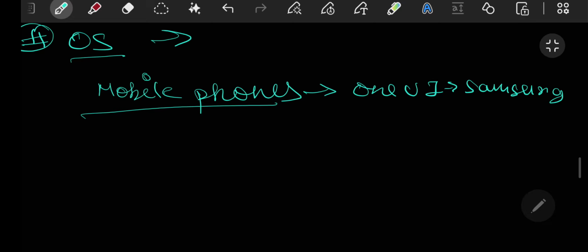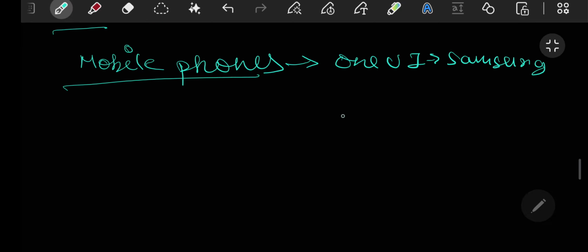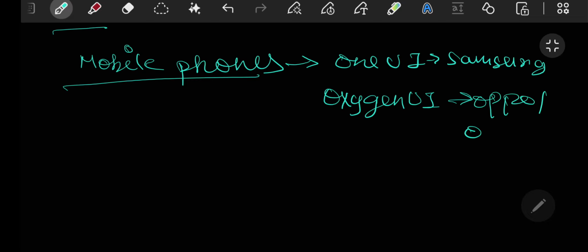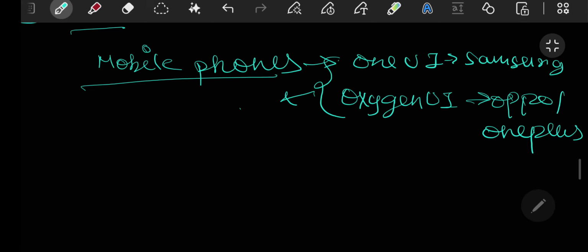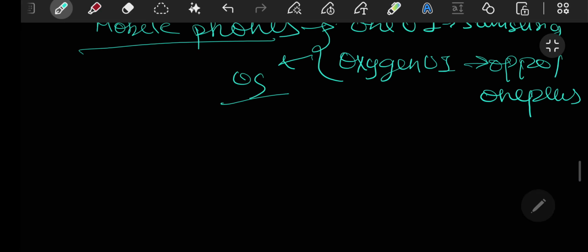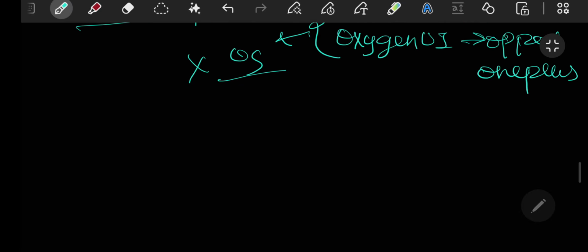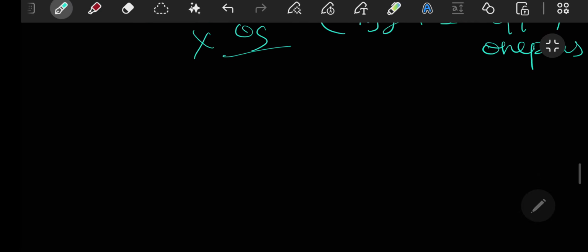Let's discuss first Android or Oxygen OS, which Chinese phones like Oppo or OnePlus usually use. These are not operating systems. These are just skins on top of the operating system.